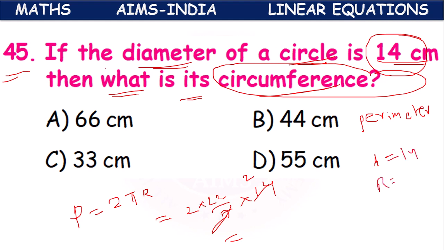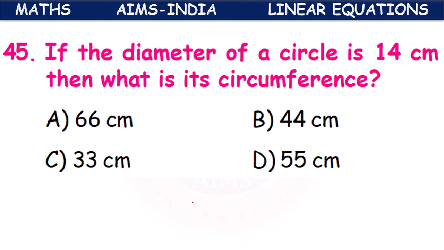Then the radius will be half of the diameter, d by 2, which is equal to 7 centimeter. So here r is not 14, children. So P equals 2 into 22 by 7 into r value 7. 7 gets cancelled. 2 into 22, 44 centimeter is the correct answer.